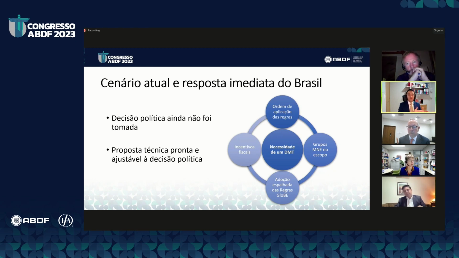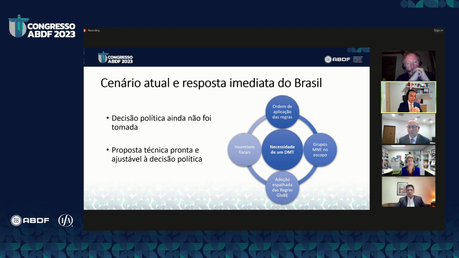Portanto, se o ministro e o governo brasileiro decidirem: olha, nós vamos implementar só um DMT, nós fazemos os ajustes necessários para que seja encaminhado apenas o DMT. Se o governo brasileiro decidir que quer implementar Full Globe e o DMTT, a proposta também está pronta para enviar.